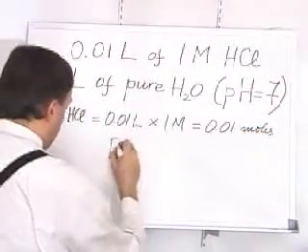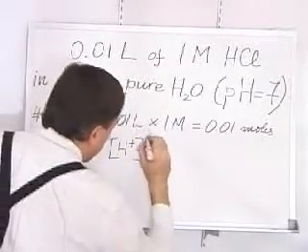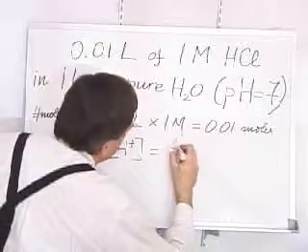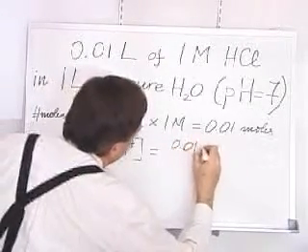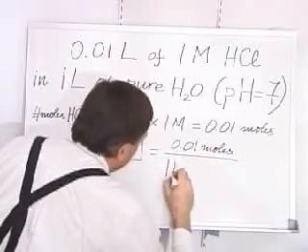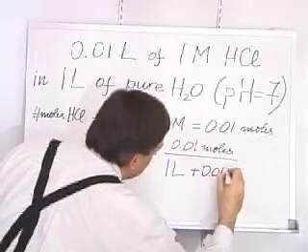Here we have the molarity of the protons after the addition of this amount of hydrochloric acid is equal to 0.01 moles over 1 liter plus the increase in volume, which is 0.01 liters.